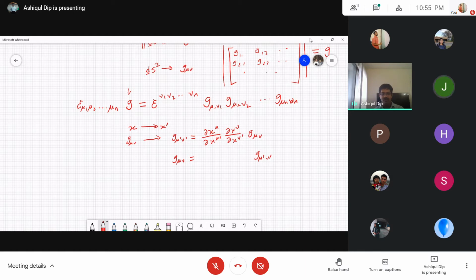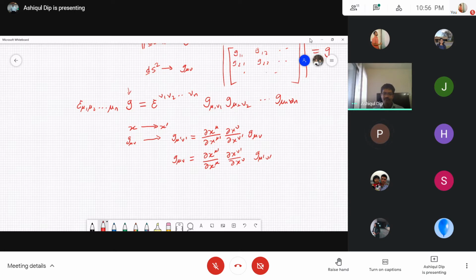I'm just trying to invert the relation. Delta x mu prime divided by delta x mu, and delta x nu prime divided by delta x nu. So is it clear that the transformation rule can be inverted like this? We have seen it several times.